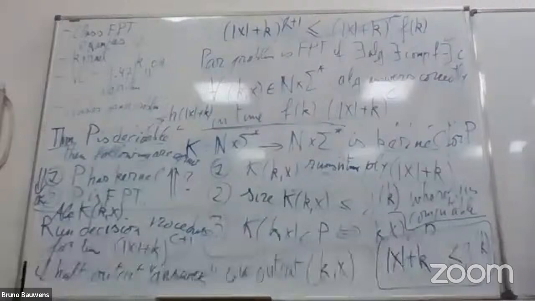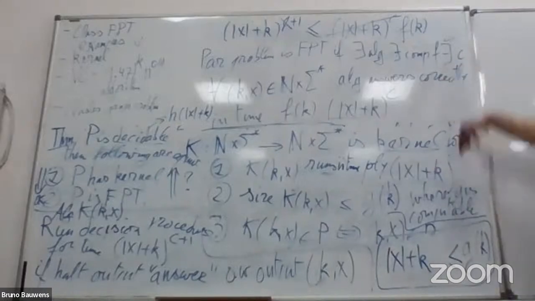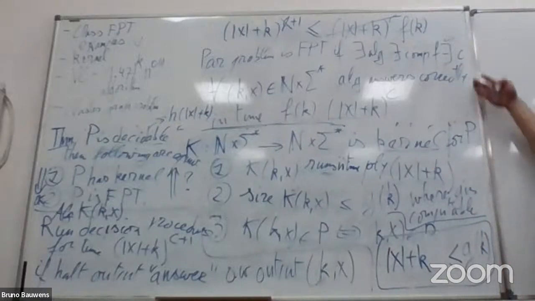Still, if we remove the condition that f and g are computable, nothing breaks. Ah, good point. If we drop this computability, both here and here, nothing breaks. It's correct.